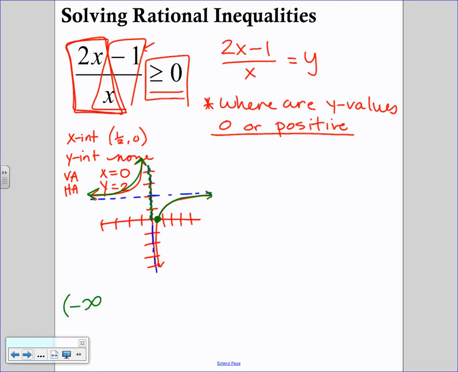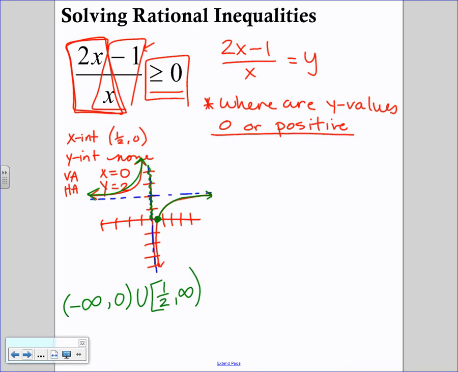Well, negative infinity for x values all the way to 0. By the way, nothing's happening at 0. It's an asymptote, so I can't count it. And then I start back up again at 1/2. So I have to do a union. Ooh, it's a square bracket because 1/2 actually equals 0. So square bracket 1/2 to positive infinity.